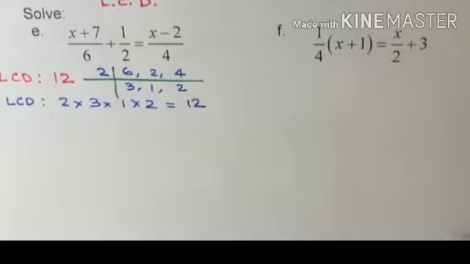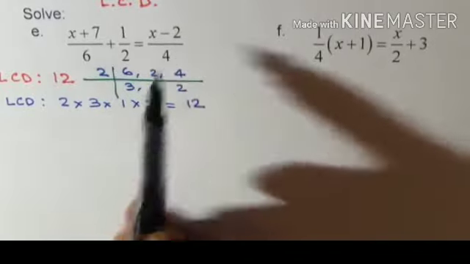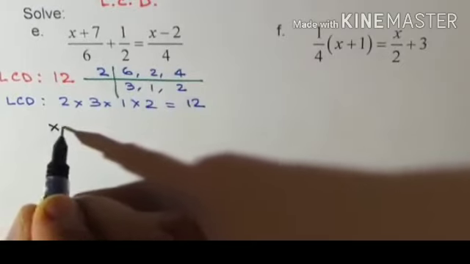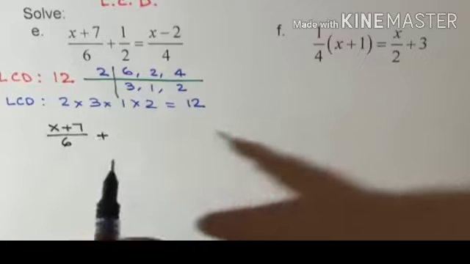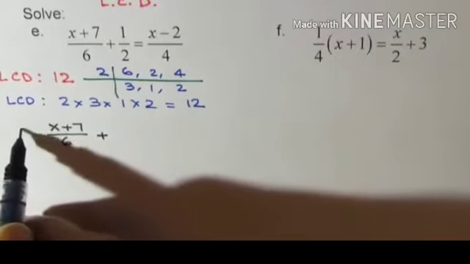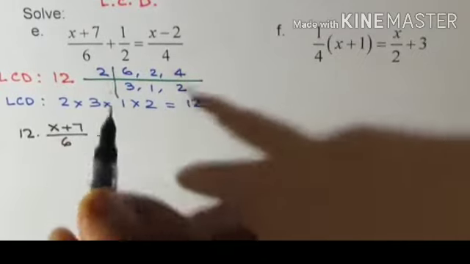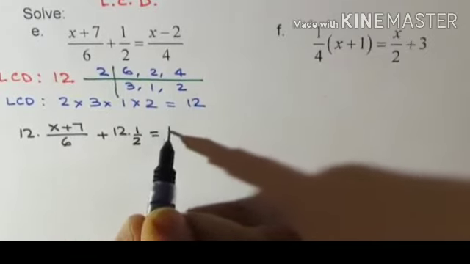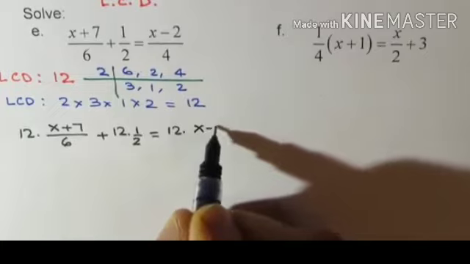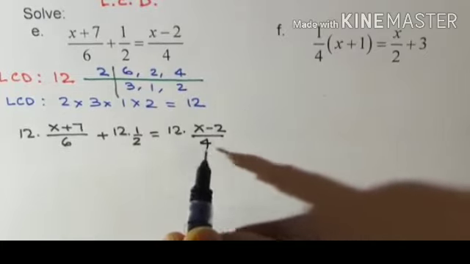Perfect. So once we find that, we have to multiply this number to all the terms. So we have (x plus 7) over 6 plus half, and we are going to multiply by 12, equals (x minus 2) over 4.